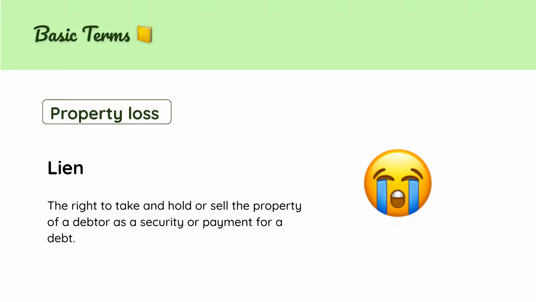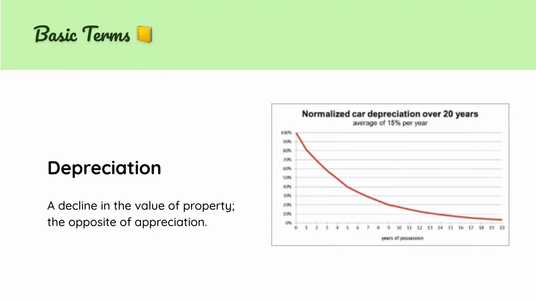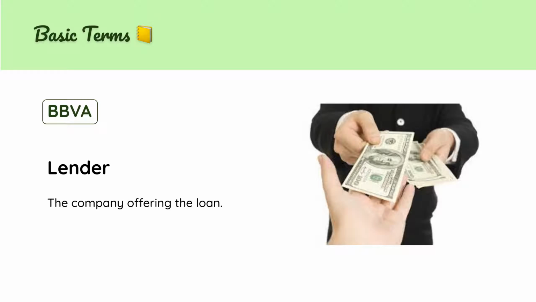Lien is the lender's right to take and hold or sell the property of a debtor as a security or payment for a debt. Depreciation. It's a decline in the value of property. For instance, cars are susceptible to depreciation. Lender. The bank, mortgage company, or mortgage broker offering the loan.